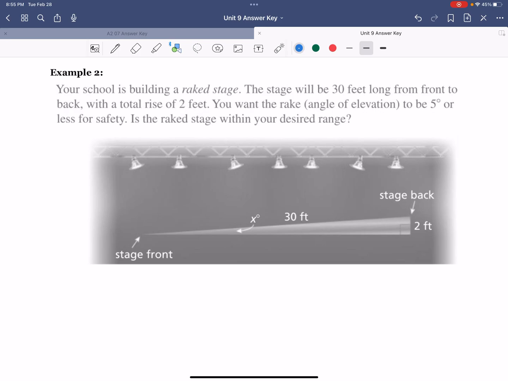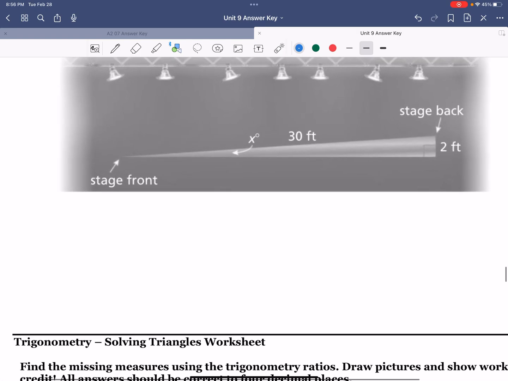Now, obviously, for safety reasons, I can't have too large of an angle of elevation because then people start falling forward instead of just appearing in a way that the front rows can see. So we're trying to determine the dimensions of this specific stage. Are these dimensions going to work for my stage without making my actors and actresses fall forward?